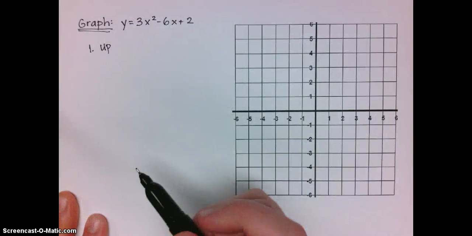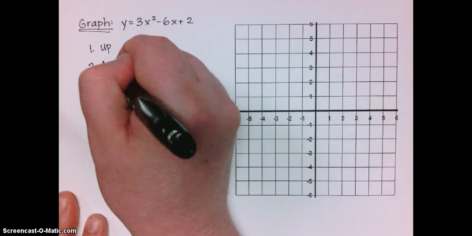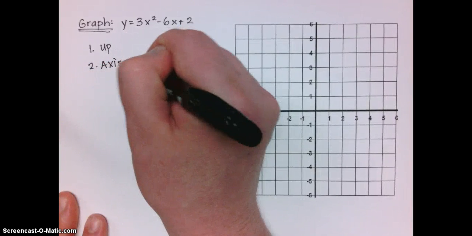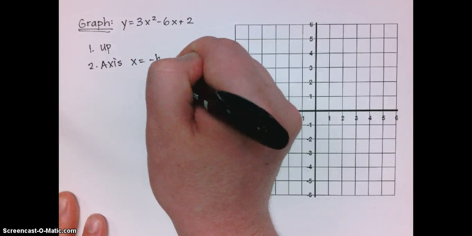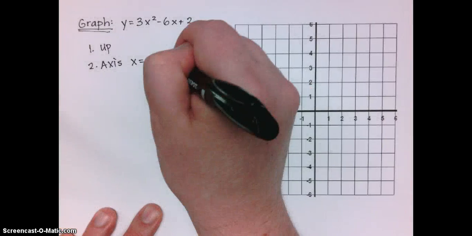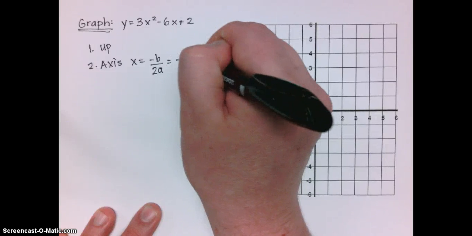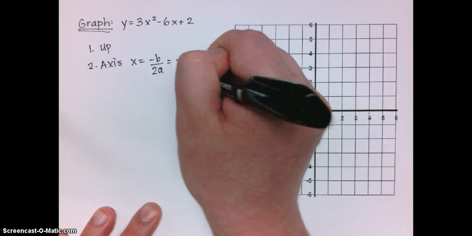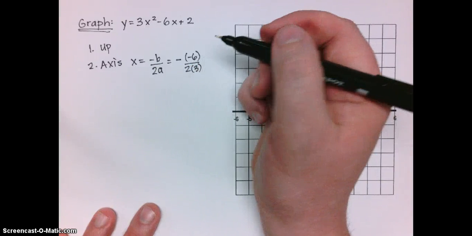The second thing that I want us to do is let's find the axis. Okay? So that's going to be at x is equal to negative b divided by 2a. We're going to do this before we choose any points. So again, let's plug in. It's going to be negative 6 divided by 2 times the a, which is 3. 2 times 3 is 6.